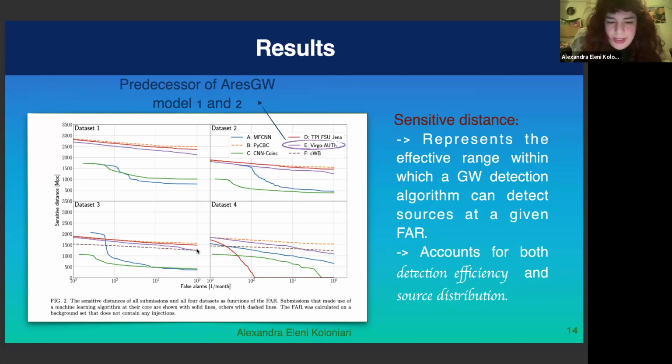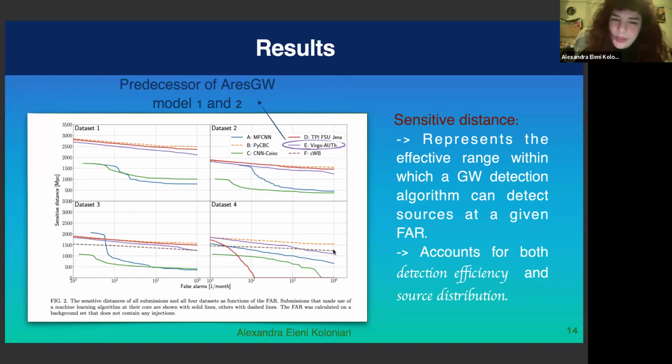And as you can see in dataset 4, which is the most important dataset because it contains the real LIGO noise, the ResGW predecessor of Model 1 and Model 2, the Virgo-AUTh model, which is depicted here in purple, actually achieved the best performance out of all the neural network pipelines. And it also achieves generally better results than CWB.